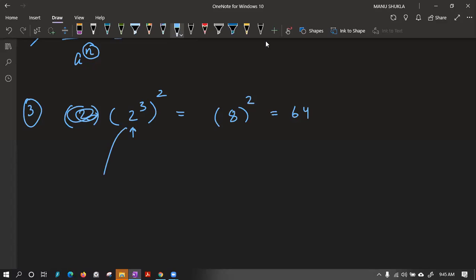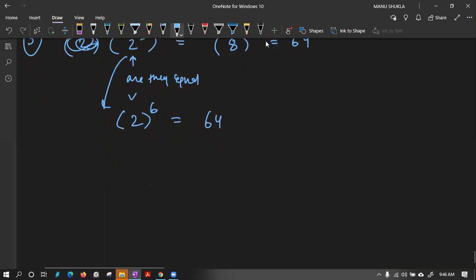If I say it is 2 power 6, can we say they are the same things? Class, are they equal? So 2 power 3 whole power 2 can be written as 2 power 6 also because they are equal.